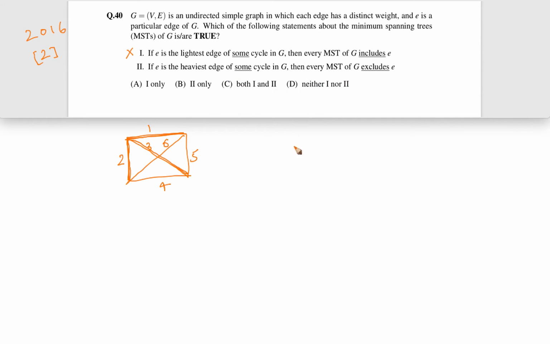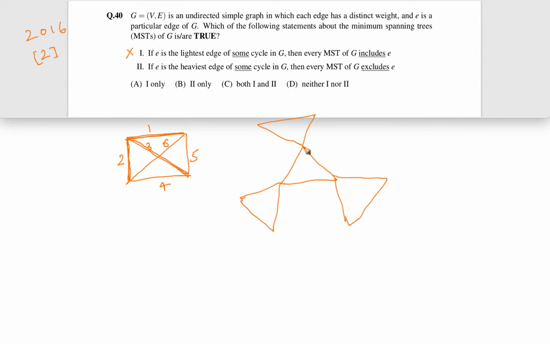Let's consider a graph something like this. Let's say in a graph there is a cycle and there are some other parts of the graph. Let's say these are other parts of the graph. We are interested in this cycle. So let's say a particular MST is created in this graph.